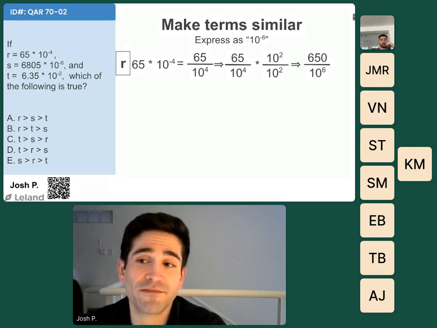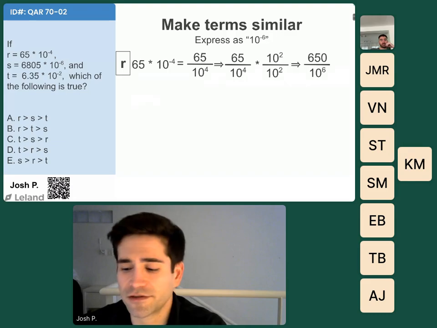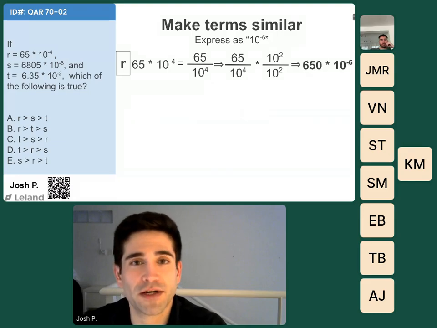So we have 650 over 10 to the 6, which gives us 650 times 10 to the minus 6. Great. S is, of course, already in terms of 10 to the minus 6. So we have 6,805 times 10 to the minus 6.